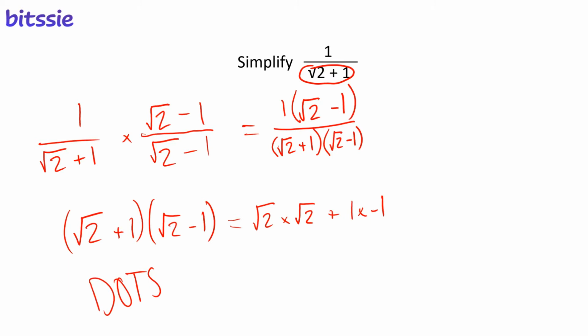So root 2 times root 2 would simply give us 2, and then 1 times negative 1 would give us minus 1. So we can just get rid of the plus and make it 2 minus 1. So that's our denominator. And then obviously 1 lot of root 2 minus 1 is just root 2 minus 1.